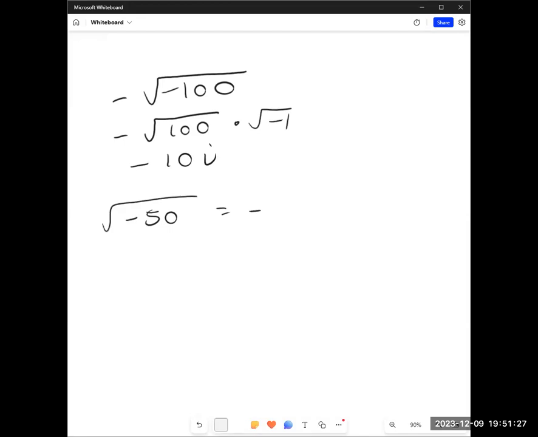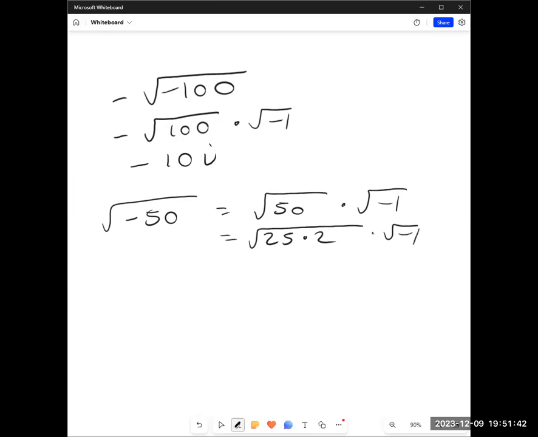Root negative 50 is root 50 times root negative 1. It's going to be 25 times 2, so root 25, root 2, negative 1 is 5 root 2 i.